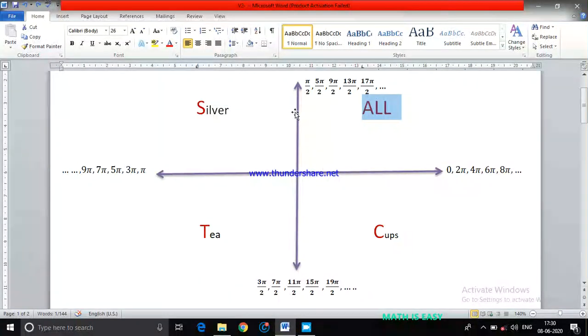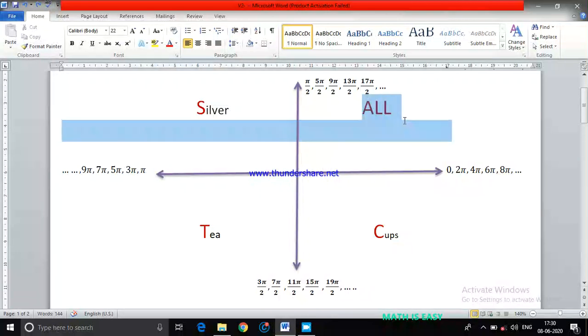All the trigonometric values will take a positive value. Is that clear? That's why in class 10th you studied about 0 degrees, 30 degrees, 45, 60, 90. All these values are positive only. You never get the negative values. That's why in the first quadrant, that is from 0 to 90 degrees, all the values will be taken as positive. So that's why here "all" will come.